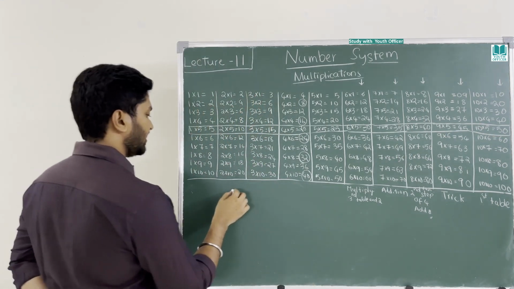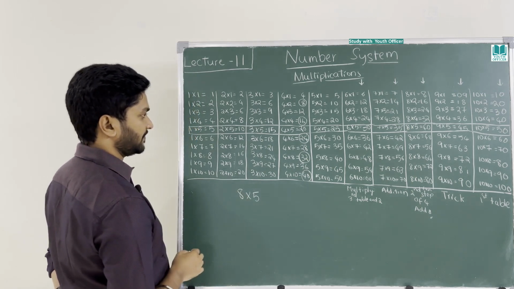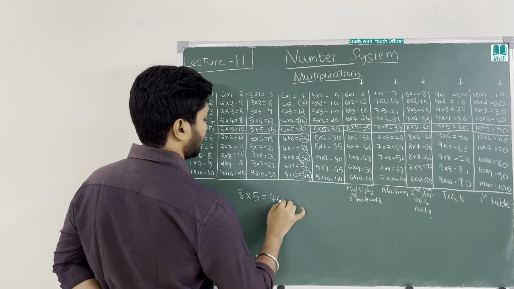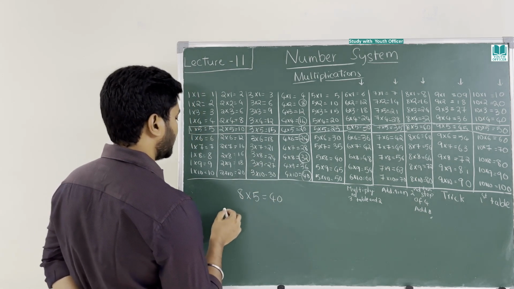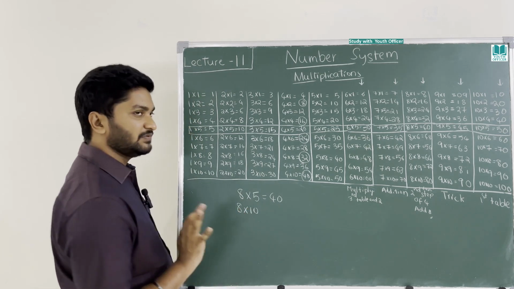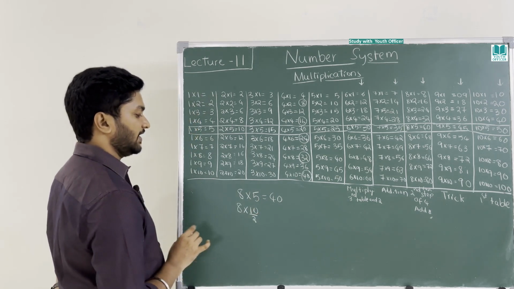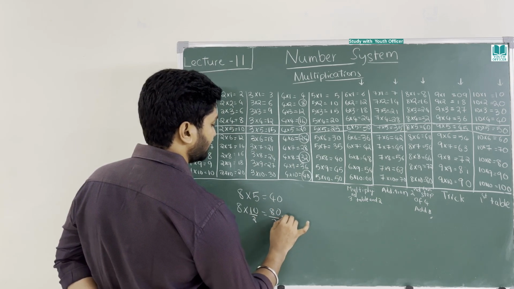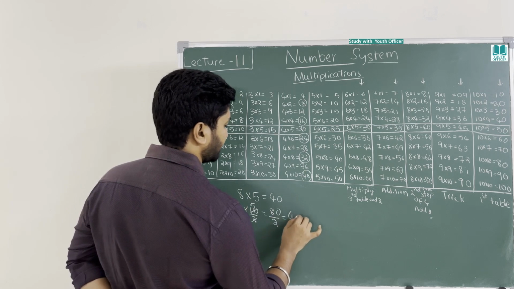How do you calculate 8 fives are? You know in the table 8 fives are directly 40, but how has it come? What you have to do is calculate 8 tens are. 8 tens is very easy, but 5 is half of 10. So half of the result will become 8 fives are, 40.